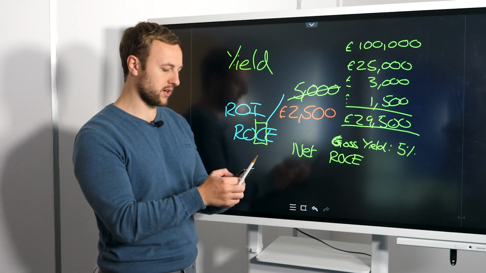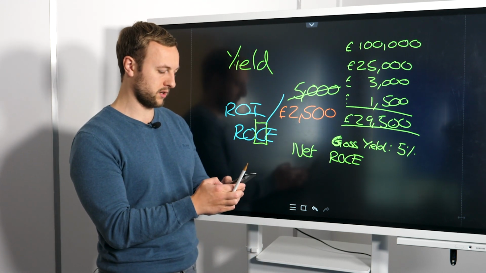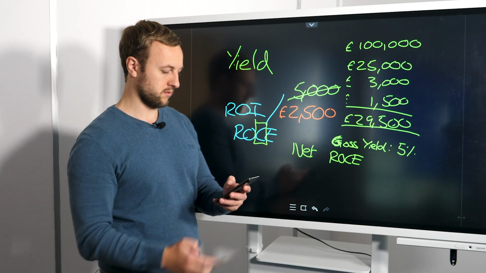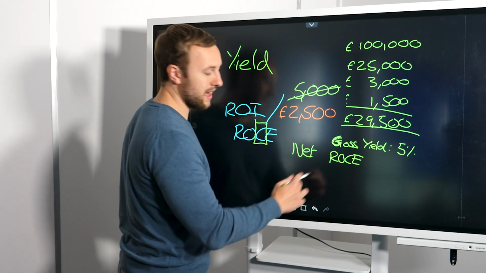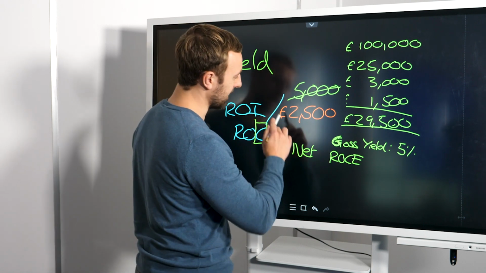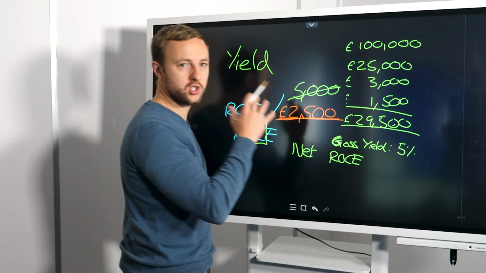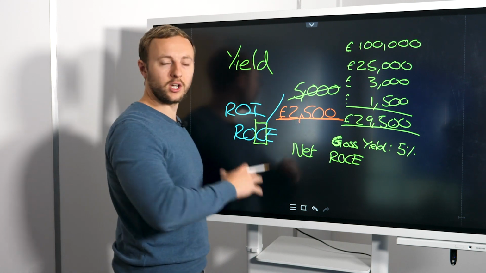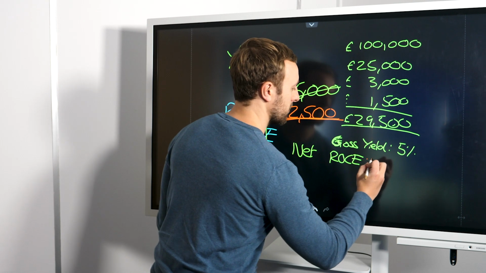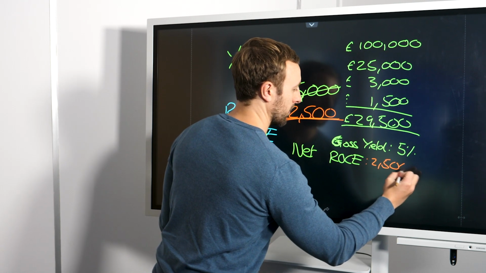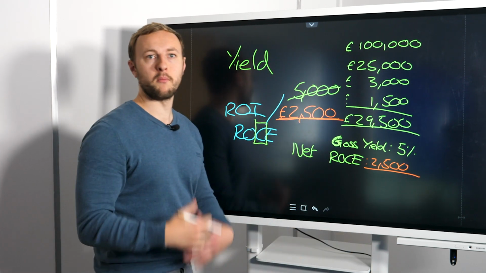So we've got 29,500, but let's just double check. Yeah, okay. So if we called it 30,000, our net return is going to be our net income. So we've minused off our imaginary mortgage, insurance, and things like that. We're left with 2,500. And we're dividing that by the money left in.